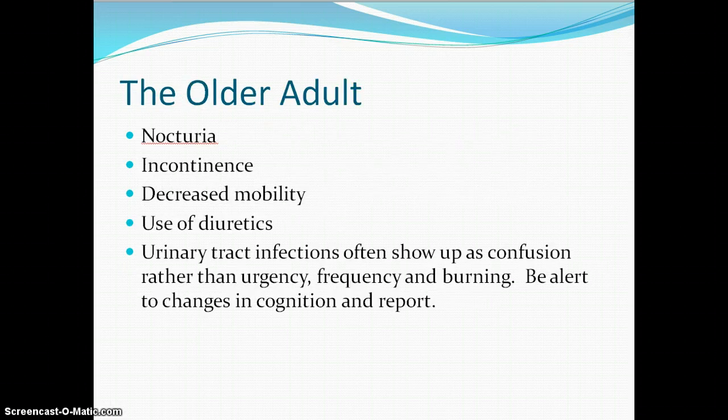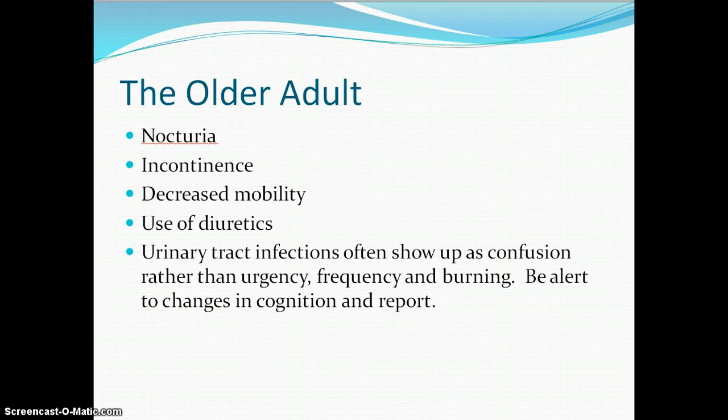With our older adult, then again, incontinency is not a normal part of aging, but it is something with some of the elderly we have to deal with. We also have incontinency in middle-aged people as well. When we look at decreased mobility, that decreases their peristalsis, predisposes them to constipation. They may not get up and void as often because of arthritis and mobility issues getting them into the bathroom.